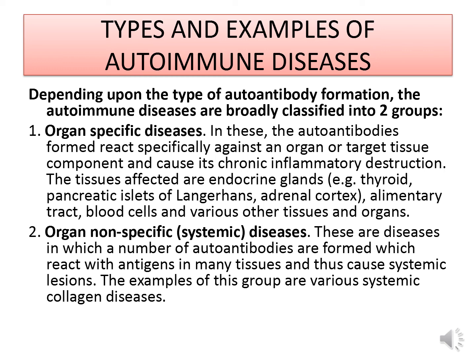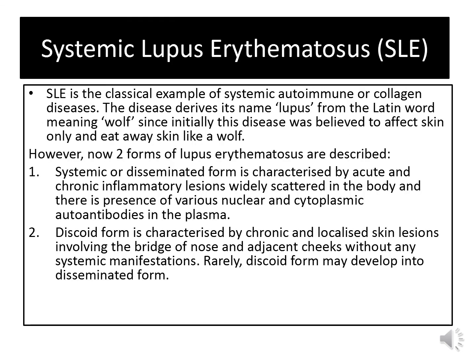The second group, organ non-specific systemic diseases. In such diseases, a number of autoantibodies are formed which react with various tissues, for example, in case of collagen diseases.